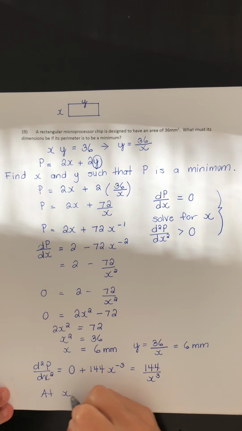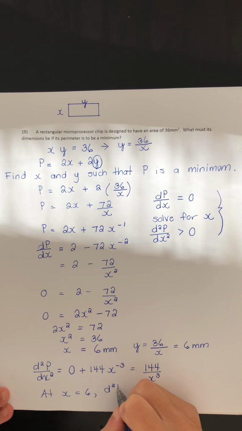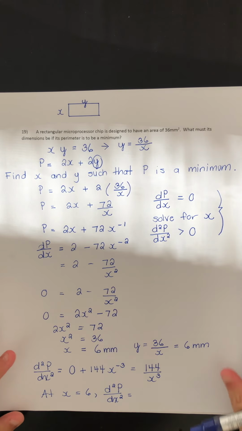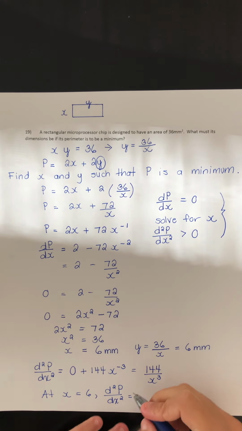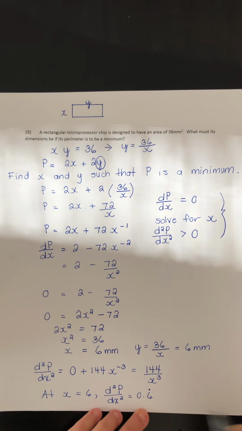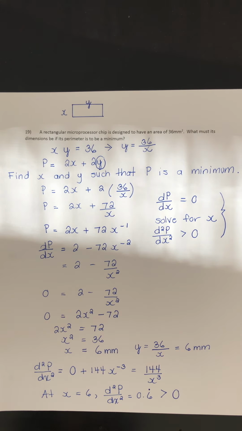And when x is 6, the value will certainly be positive. It's 144 divided by 6 cubed, which is exactly 2/3 or 0.6 repeated. We don't really care about that number. We just care that it is a positive number.